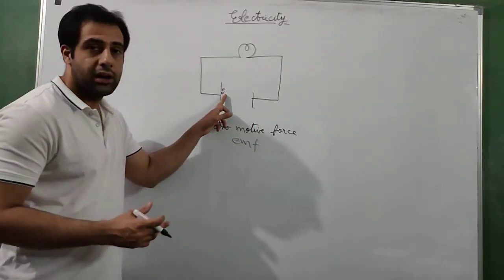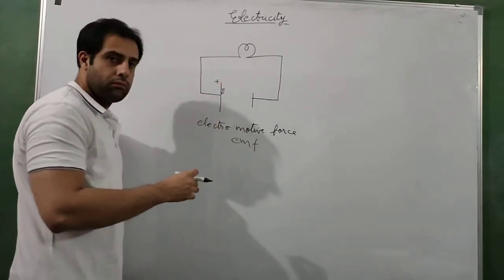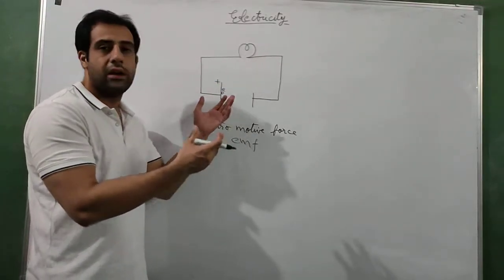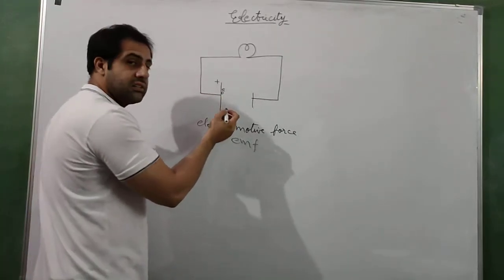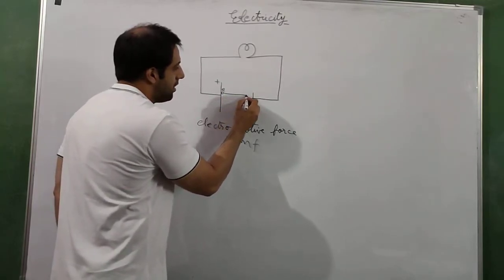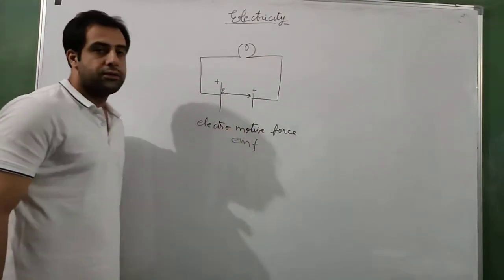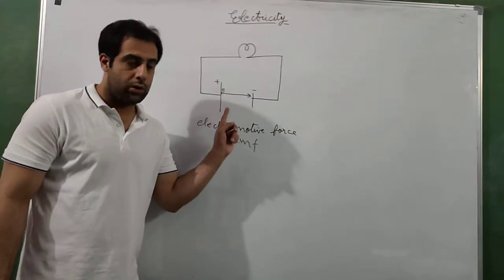On this free electron. Now, this free electron is on the positive terminal. That makes sense, the positive terminal will attract a negatively charged electron. Now, what does the battery do? It takes this electron and makes it travel towards the negative terminal of the battery. Now, this is hard to do.